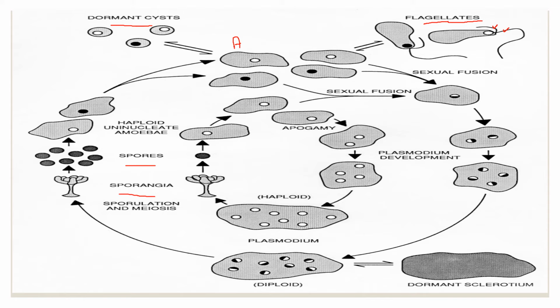So the fusion of the amoeboid cells occurs between opposite strains. The flagellates also fuse by their posterior end. So two elongated flagellates fuse by their posterior region, and after the fusion, the zygote remains quadriflagellate for a period of time.